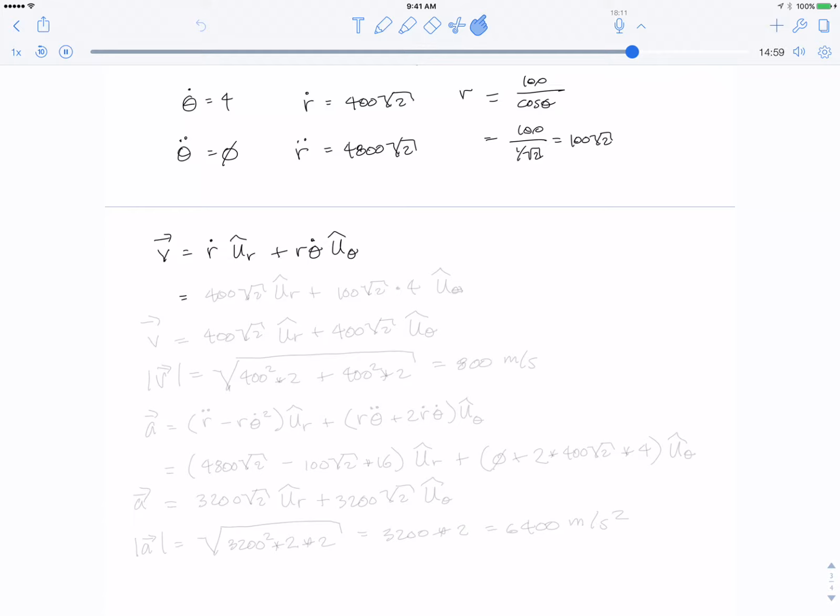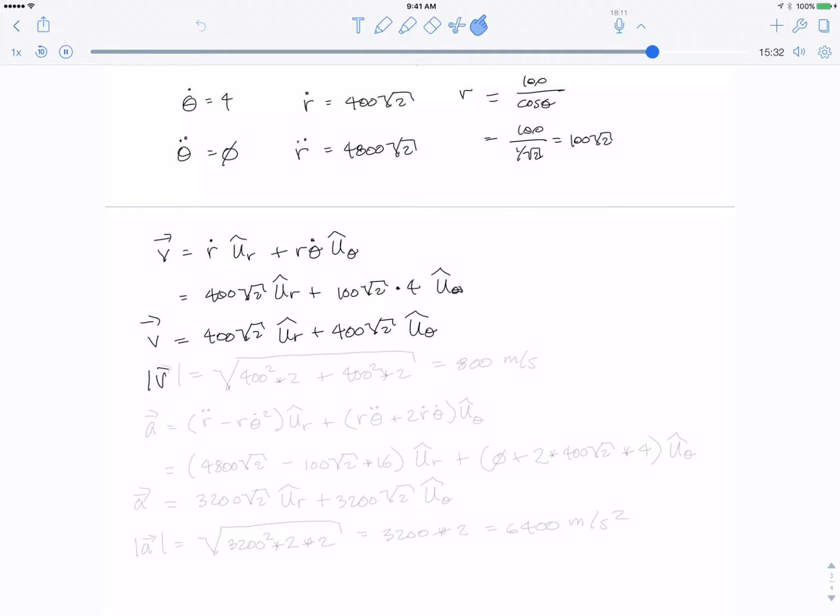And plugging in, that's 400 square root 2 in the r direction plus 100 square root 2 times 4 in the theta direction. So that equals 400 square root 2 in the r direction plus 400 square root 2 in the theta direction.